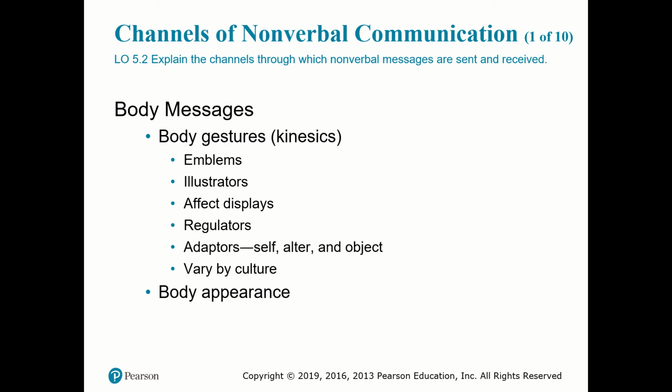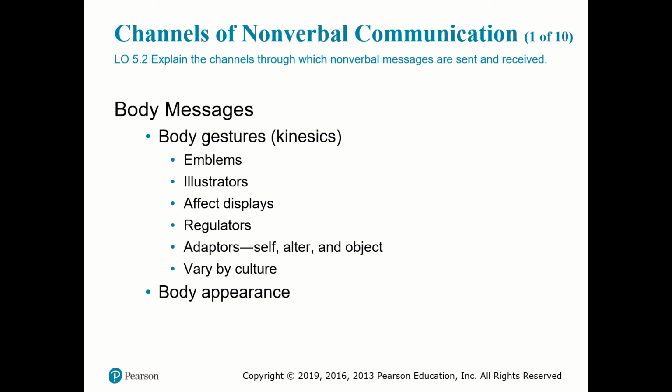We're going to start this part with a little bit of talking about body messages, what we do with our bodies when we speak. So as you see, there's just a whole list of different body gestures. Kinesics is what it's called, and different messages that they convey. So we have what are called emblems, the study of communicating through body movements. Well, excuse me, that's kinesics.